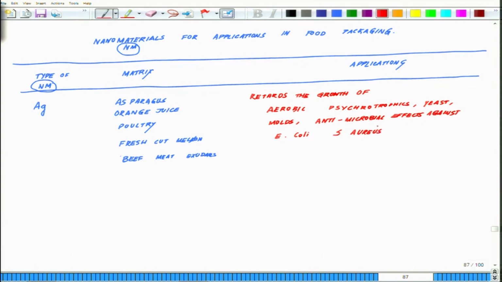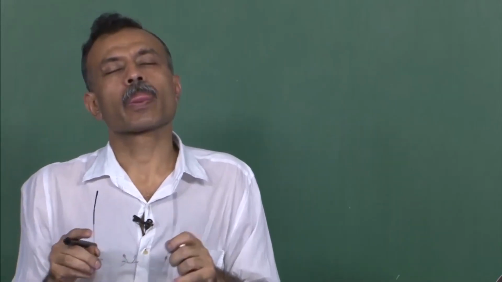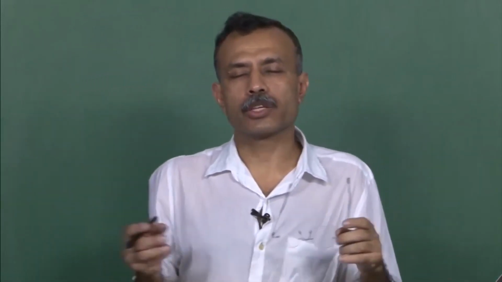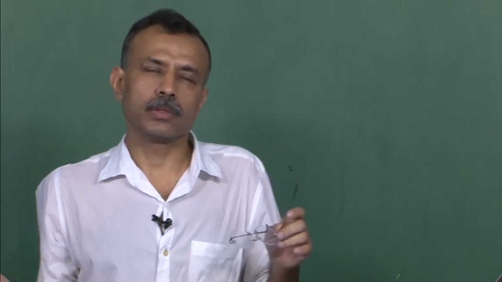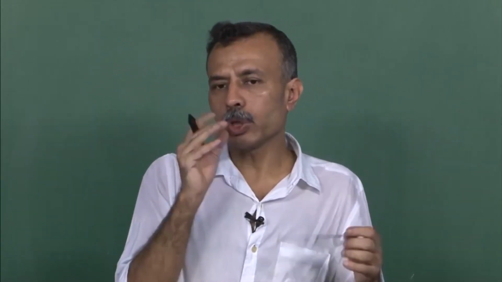So, talking about silver, you all must have seen at some point or other, in which part of India you are, it does not matter. Wherever there is packaging of sweet, which is the common stuff in India, you will see people have been using silver foils for a prolonged period of time.